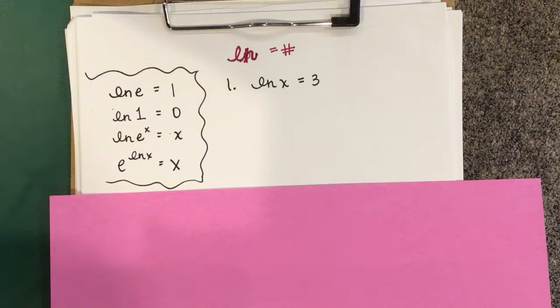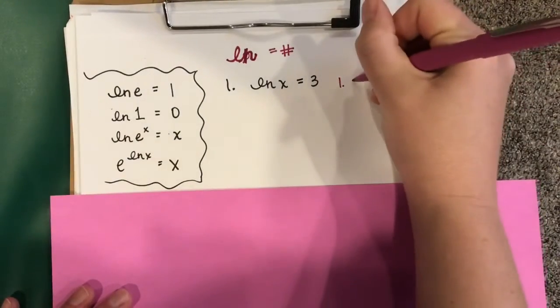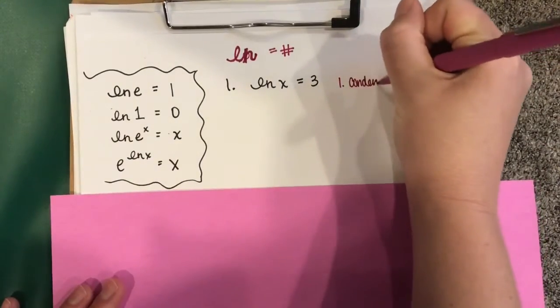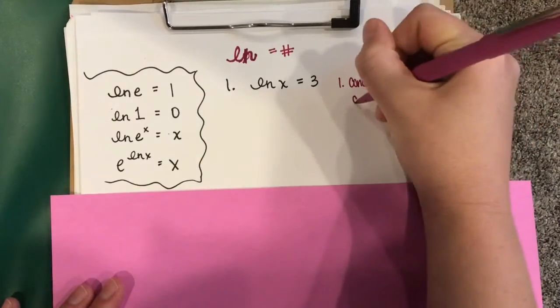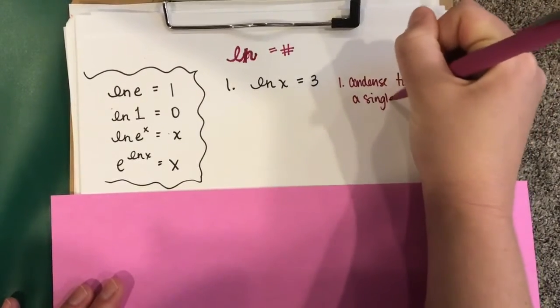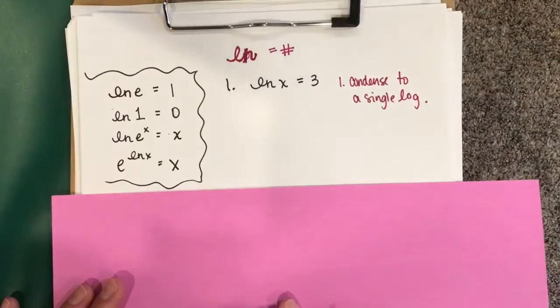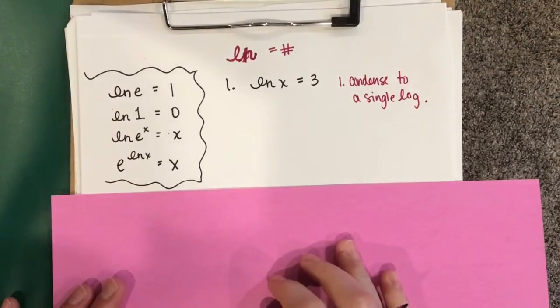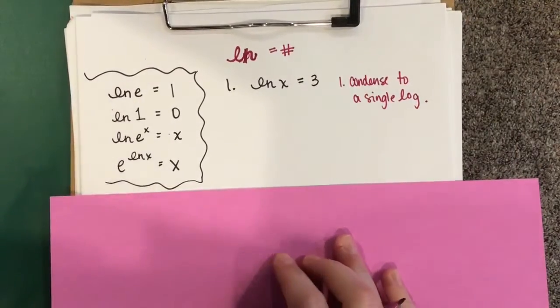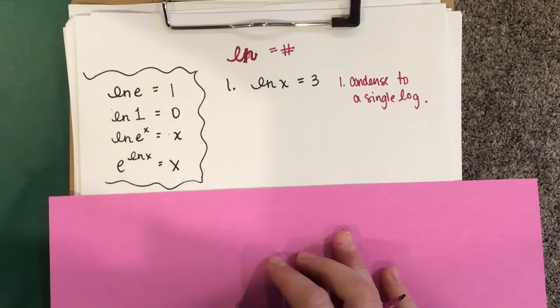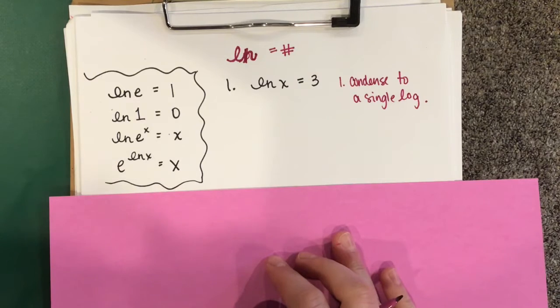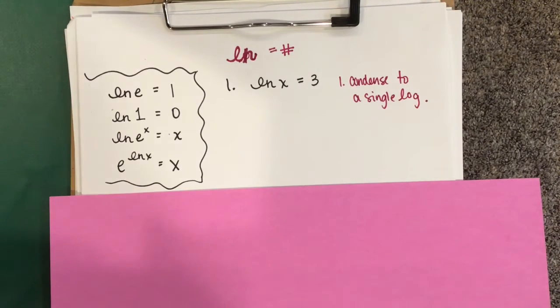Now, when it's a natural log equal to a number, the first thing that you guys need to do, if it's not already, is condense to a single log. Well, it's condensed to a single log. Now, in this next part, there's two ways to think about it. One of them is to say, I'm going to switch this so that it is in exponential form.